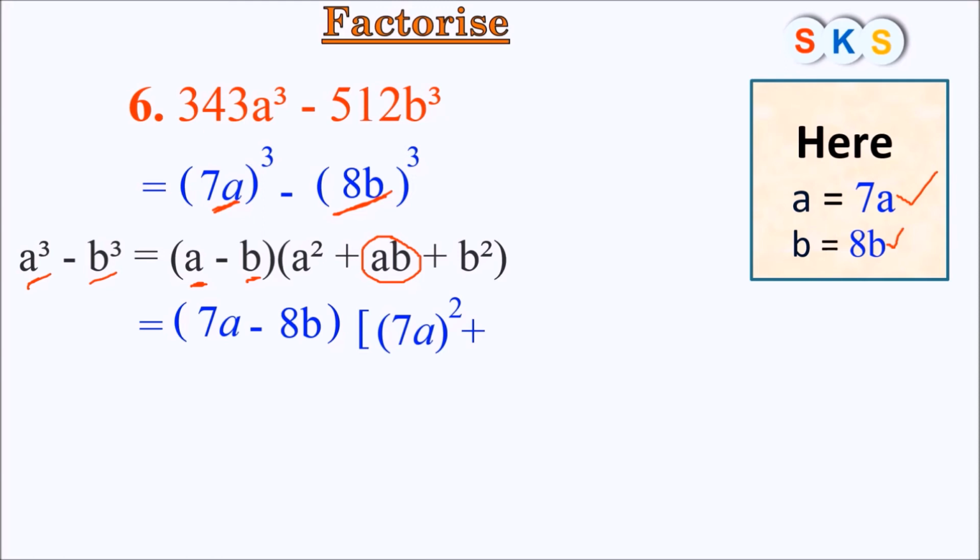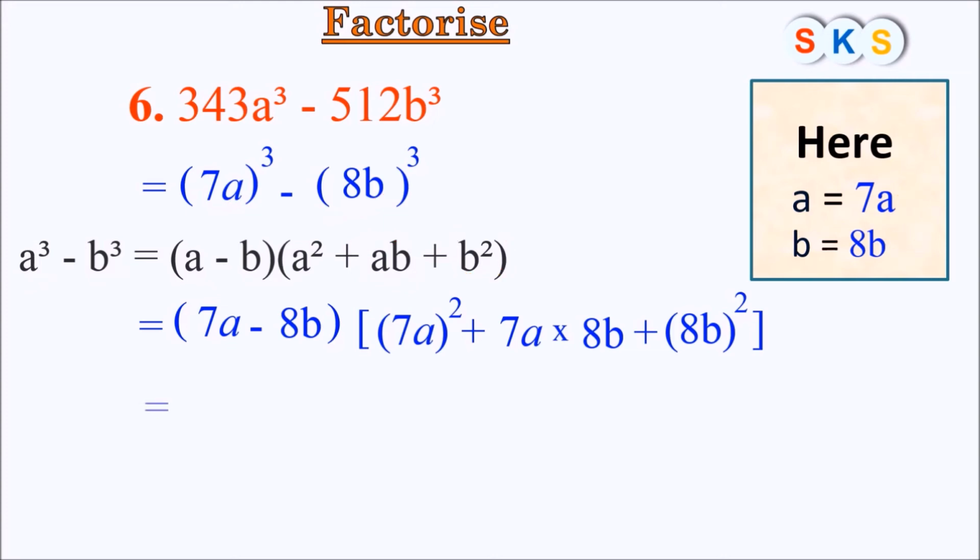So we will write this as 7a into 8b plus the last term of the second bracket, b square, correct? So we will replace b by 8b, and we will get here 8b the whole square. Close the bracket. After substituting the value of a and b in this formula, we will go for further simplification.